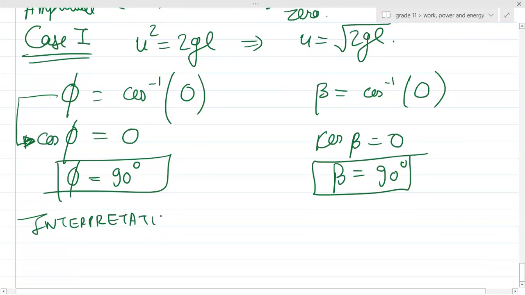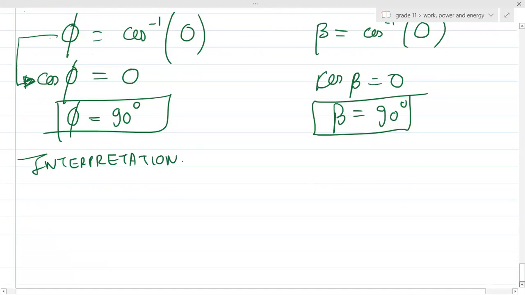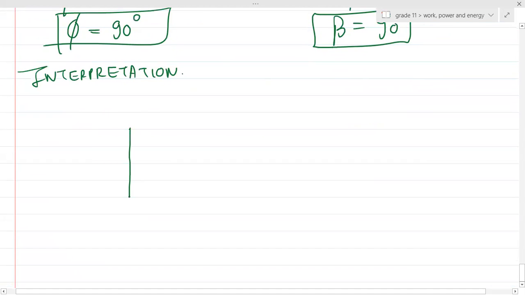When we throw an object with a speed u equal to under root of 2gl, then what is the maximum angle till which it reaches? The maximum angle till which it reaches is basically 90 degrees.